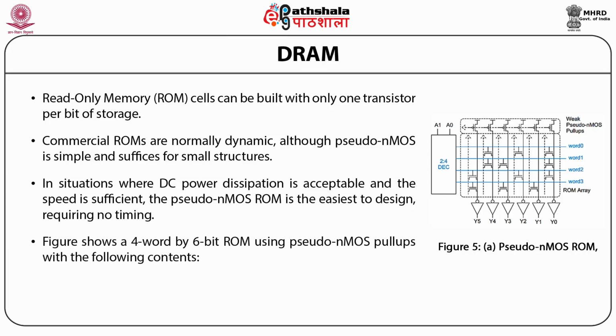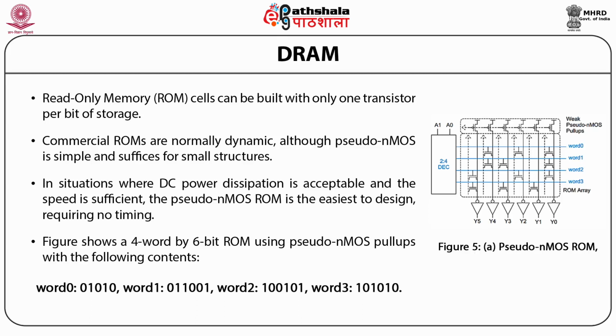So figure A shows a four by six-bit ROM using pseudo NMOS pull-ups with the following contents, that is, word 0 is 010101, word 1 is 011001, word 2 is 100101, word 3 is 101010.